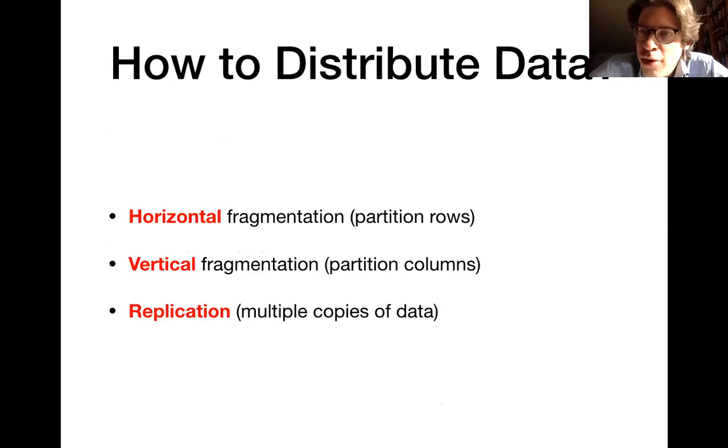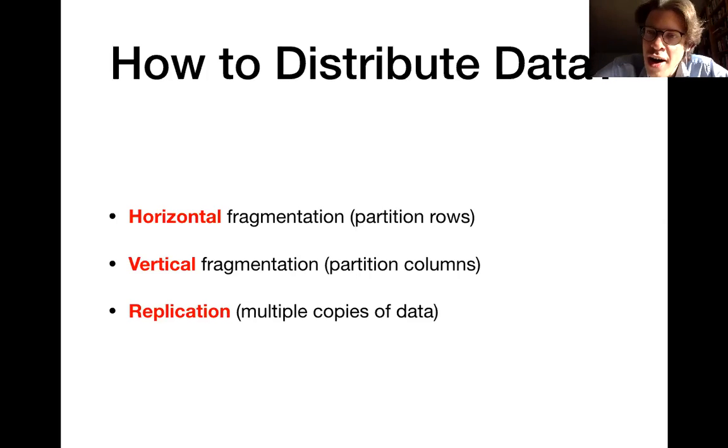This is what we also call horizontal fragmentation. As an alternative, I can partition the table not horizontally but vertically, meaning that I store different columns of the table on different servers. That is what we call vertical fragmentation.